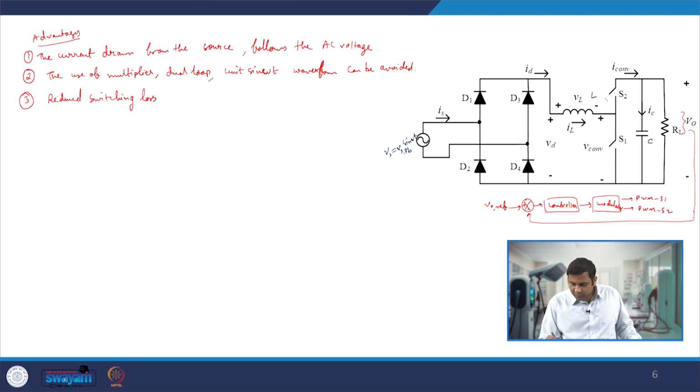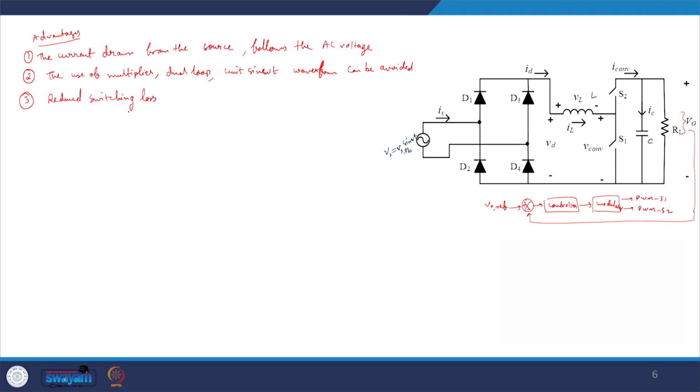And if, let us say, instead of S2 one is using a diode, the reverse recovery losses are nearly 0 in case of DCM operation of the boost PFC. So that is again one advantage we will have.